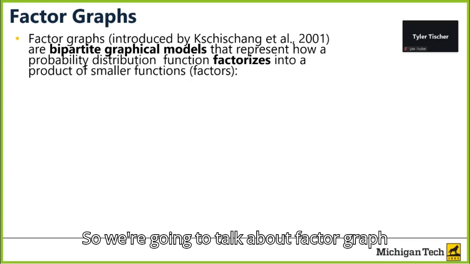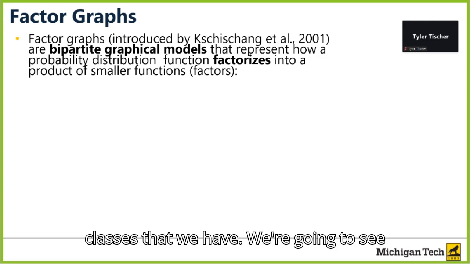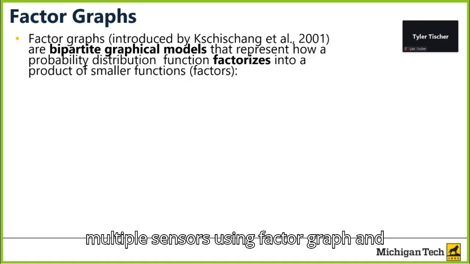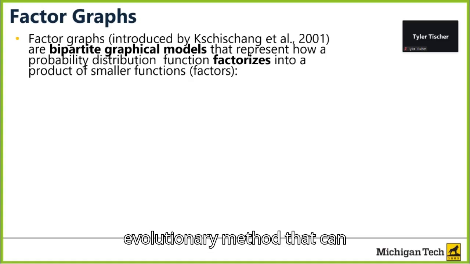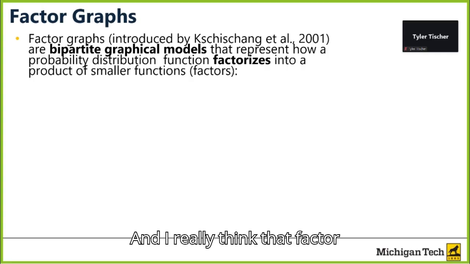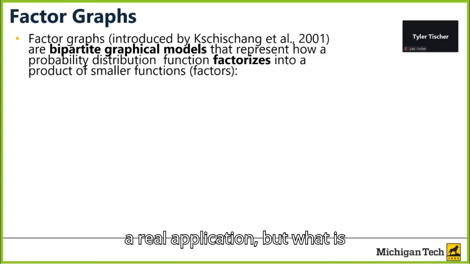We're going to see how we can model multiple sensors using a factor graph and why it is an evolutionary method that can solve most of the problems we have in robotics and perception. I really think the factor graph is the future of perception in robotics. So it's better to know it very precisely and use it in real applications.